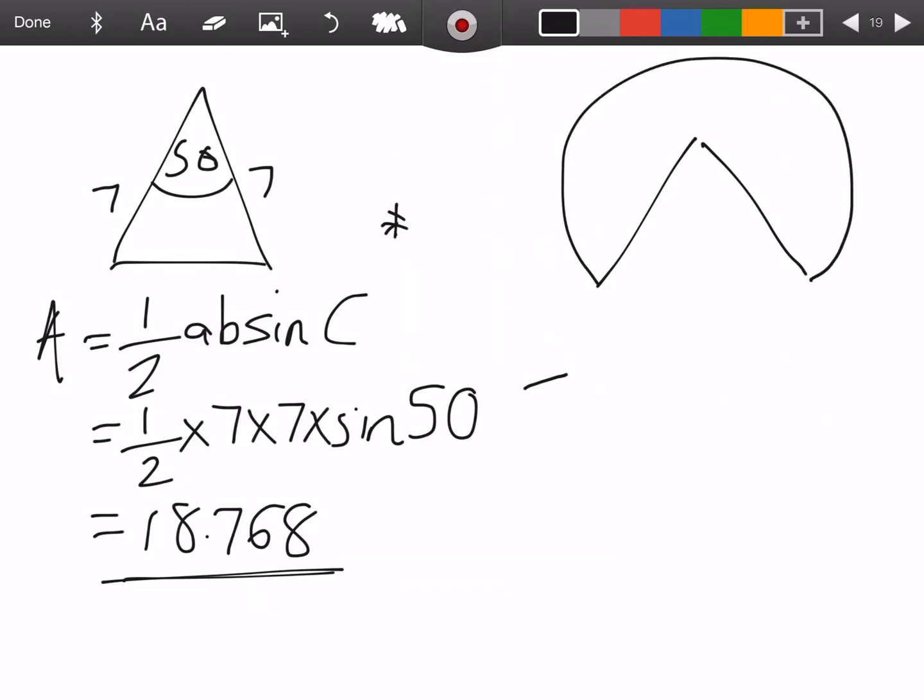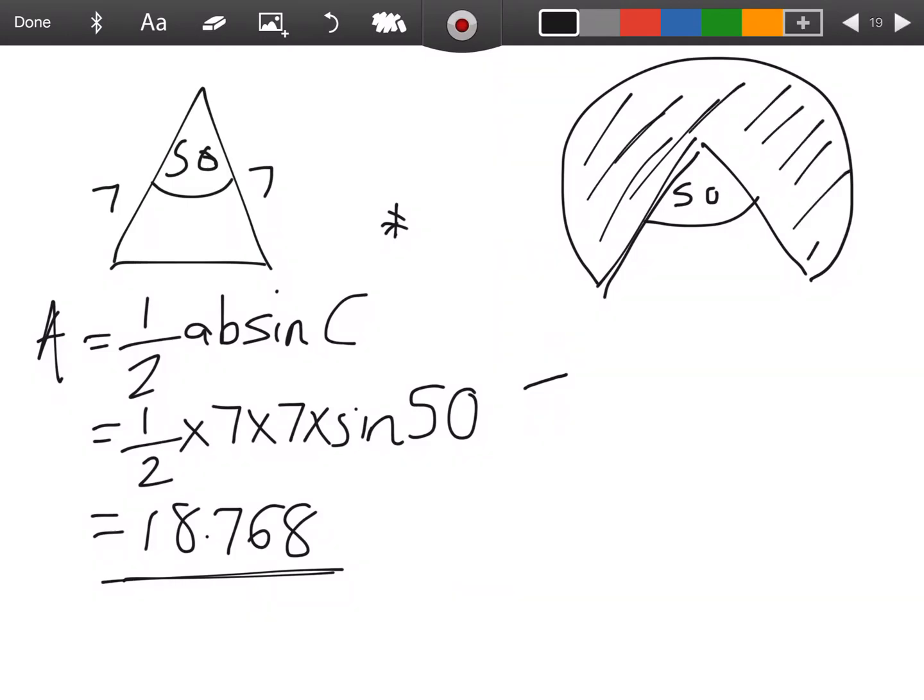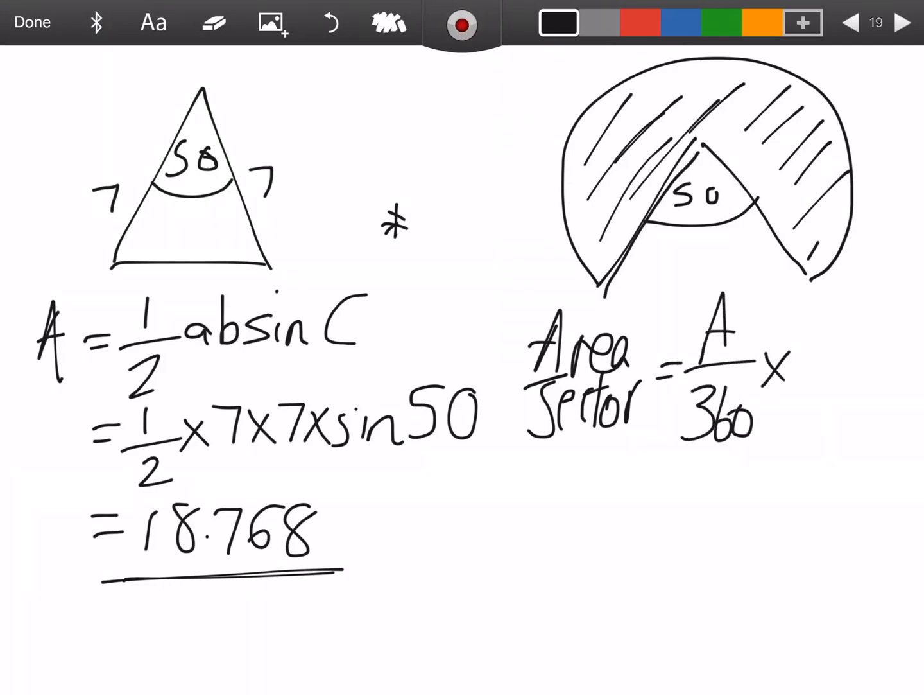And now I'm going to work out the area of this bit. Okay, now what you do know is the angle in here is 50. However, the area that we're trying to find is the area of this bit, not the bit with the angle of 50, the surrounding bit. Now, the area of a sector, right, arcs and sectors, it's the angle over 360 times by, what's the area of a circle?